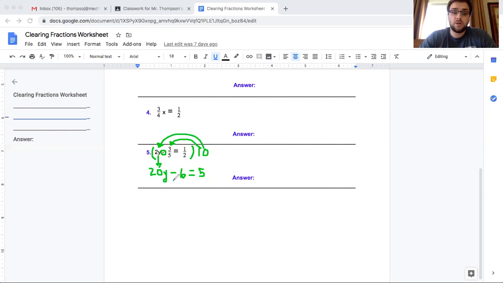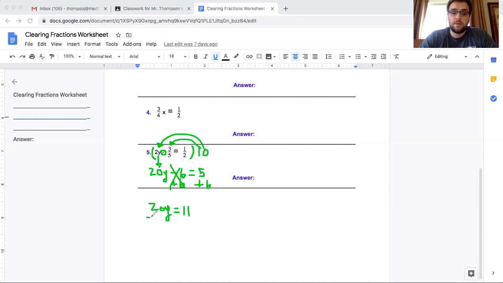So first thing we do is we're going to add 6 to get rid of this in the equation. It creates a 0 pair, so these are gone. You're adding 6 to this side. So then you end up with 20y equals 11.